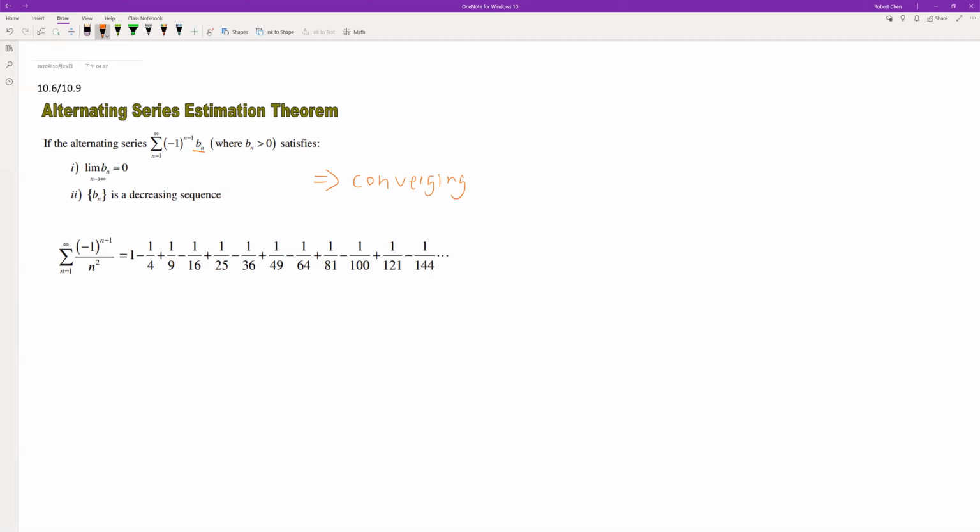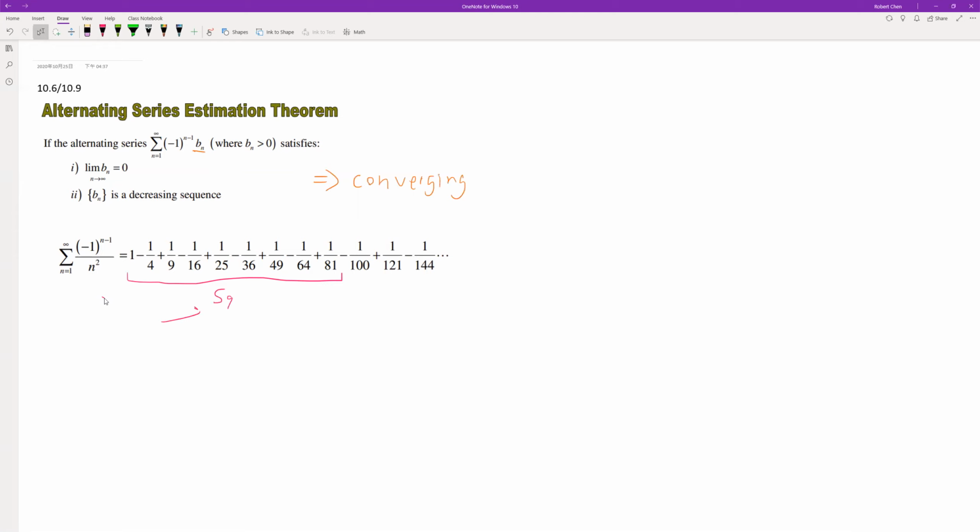We are trying to understand what the remainder of an alternating series is.